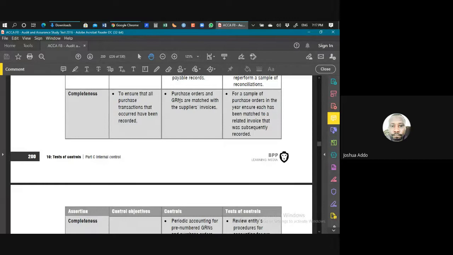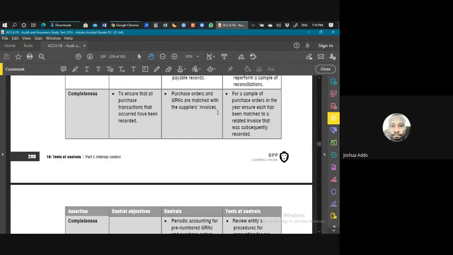If you match the GRN to the supplier's invoice, at least we are trying to establish that every invoice that we are going to pay for actually links with goods that we have received. And that all purchases represented by the GRN are captured, and there's completeness. Yes, at least it's part of an attempt to ensure completeness. There are other controls that will buttress this one to achieve it completely.